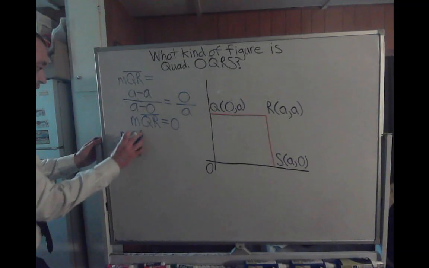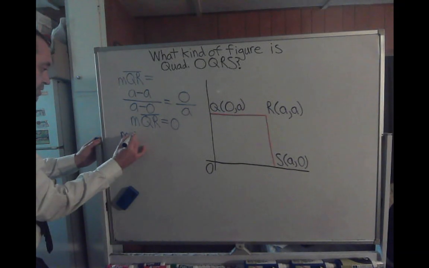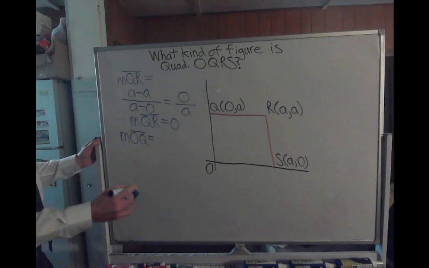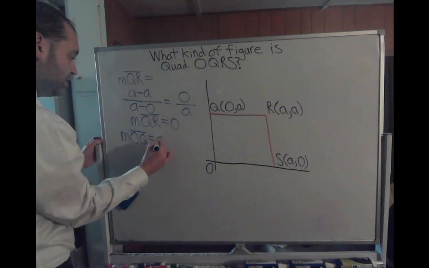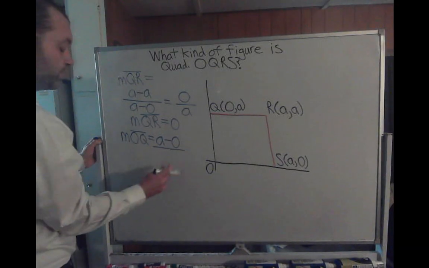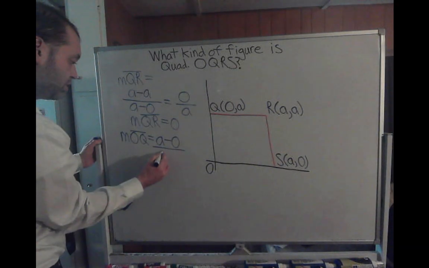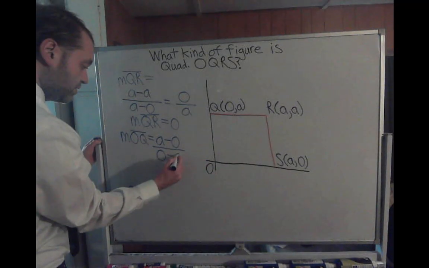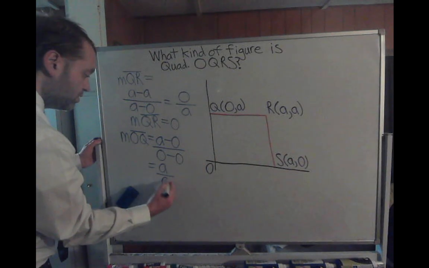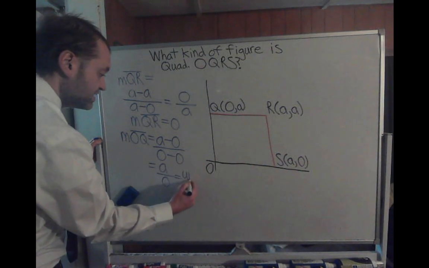Let's find the slope of side OQ. We'll take that y2 of A minus the y1 of 0, all over the x2 of 0 minus the x1 of 0, which would end up giving you A over 0, which would mean this is an undefined slope.